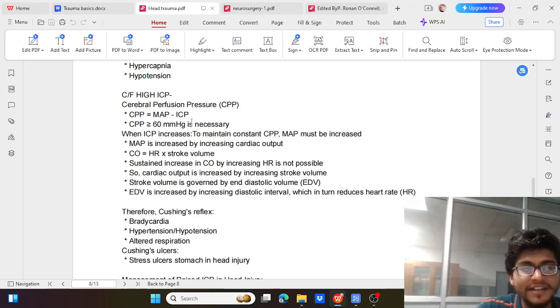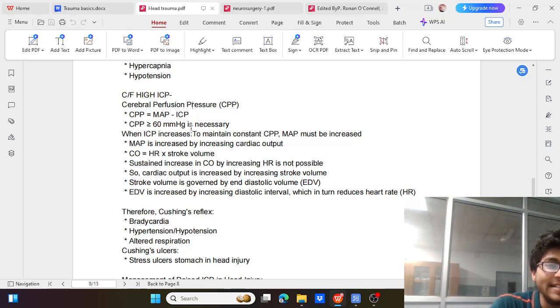It should be more than 60 mmHg, so that the brain can function normally. It needs this much pressure so that an adequate amount of blood can reach the brain and help in brain functioning. So this much is the minimum needed.